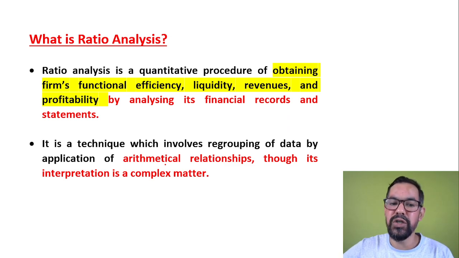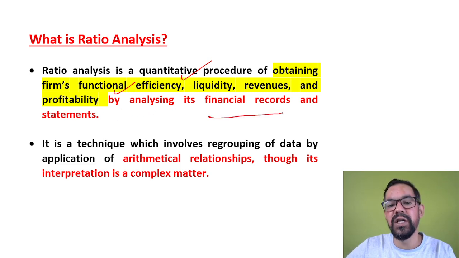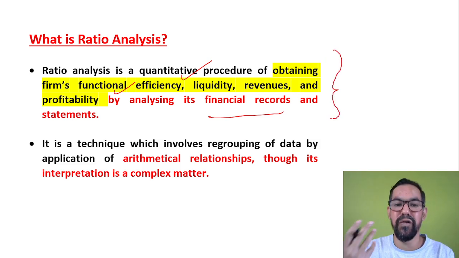Ratio analysis is a quantitative procedure of obtaining a firm's functional efficiency, liquidity, revenues and profitability by analyzing the financial records and statements. Financial records and statements mean the profit and loss account or the balance sheet.